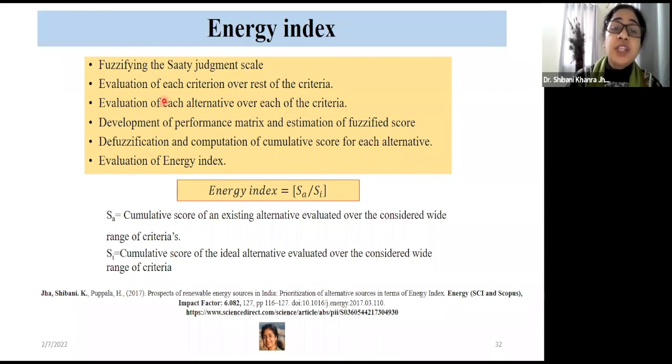Then evaluation of each alternative over each of the criteria follows, and development of a performance matrix is actually required, and estimation of fuzzified score, and then defuzzification and computation of cumulative scores for each alternative is done, which finally gives the evaluation of the energy index, that is SA by SI.